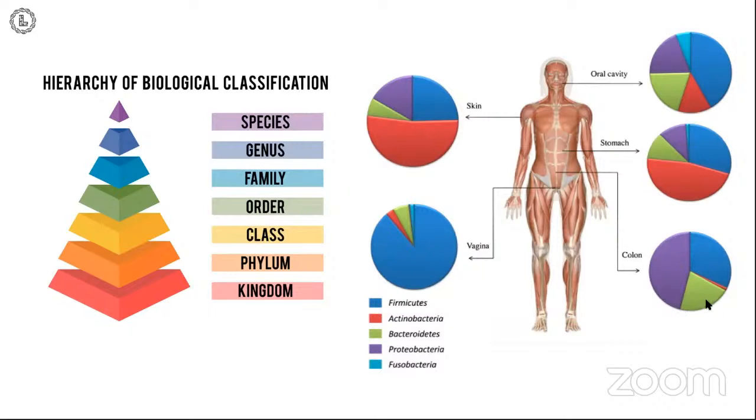For example, here you can see colon that has a lot of proteobacteria, as opposed to skin that is predominantly actinobacteria, right? So we can look at these kinds of differences and understand how the different microbiota, or the communities as a whole, are different between each other.